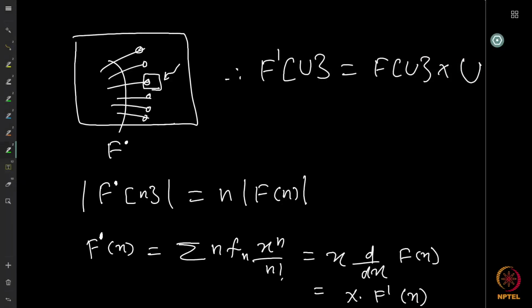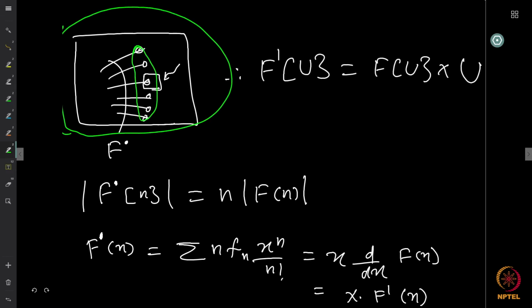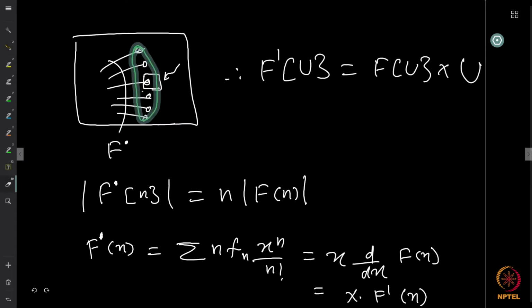So what is pointing in the picture? You have this set, and on this set you are selecting one of the elements and saying that that guy is special. So you are making it a special vertex, and you get a rooted structure.